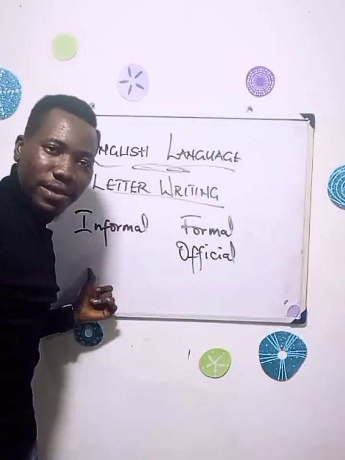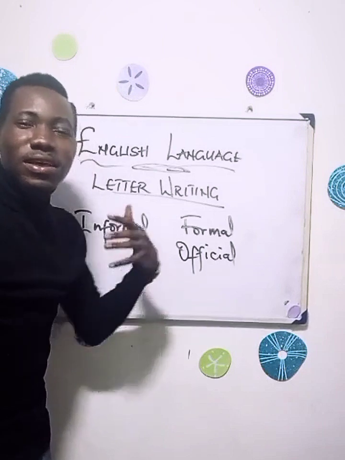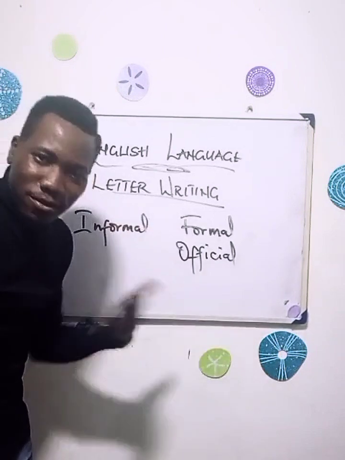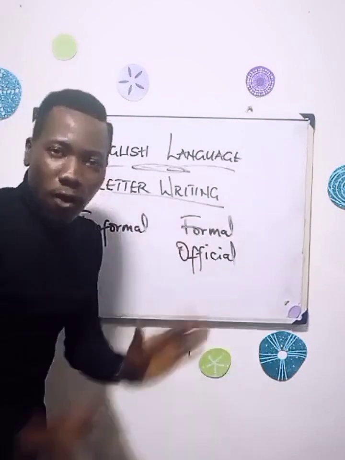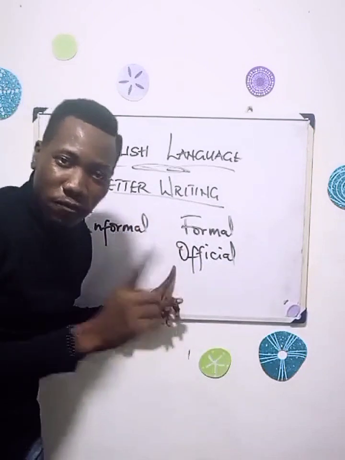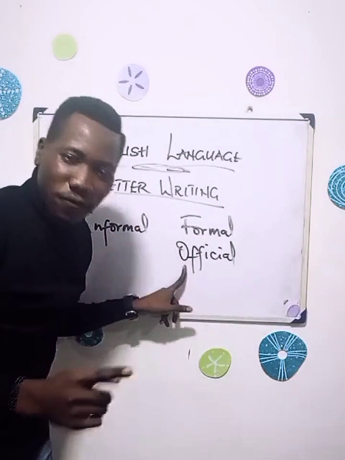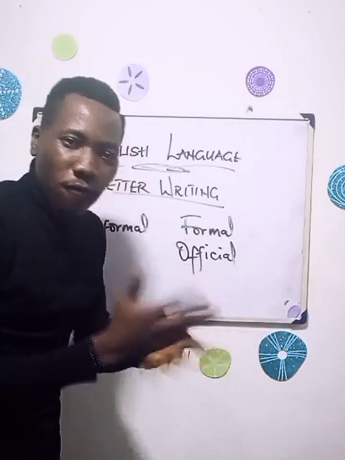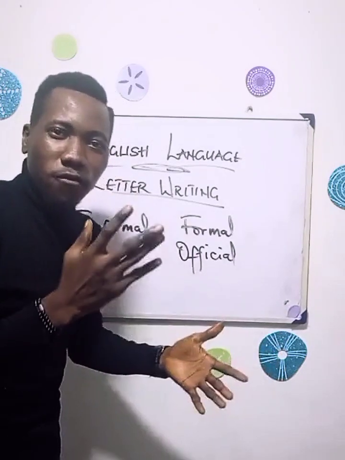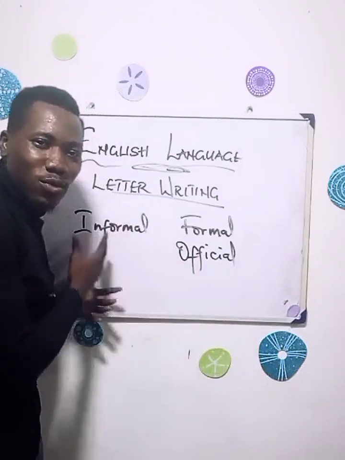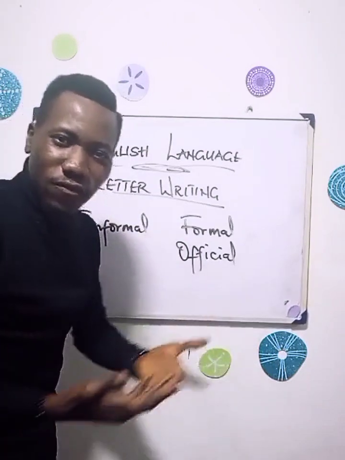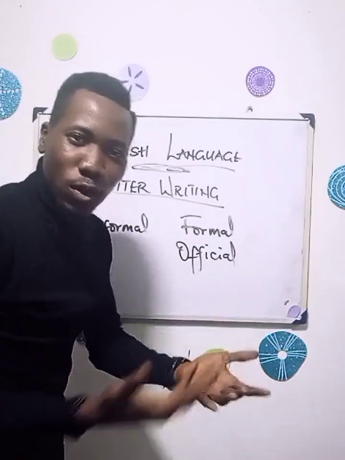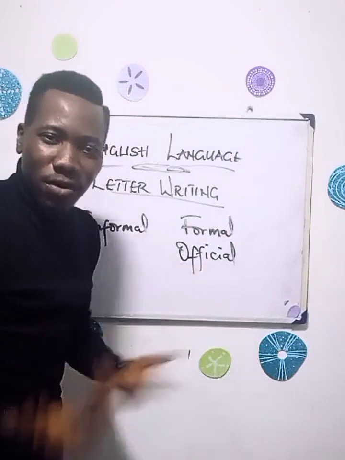So this is the informal letter, the friendly letter, for casual use. And this one is for official purpose. You're writing to an office, someone you really do not know, for official purpose, for formal purpose. Whereas this one you're writing to family, friends, people that you are very close to.